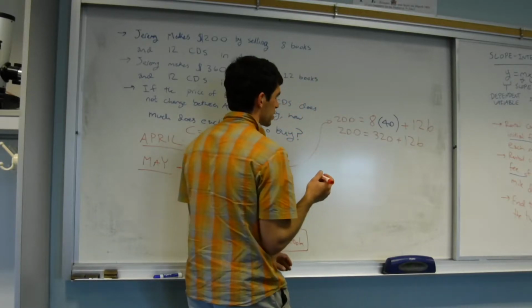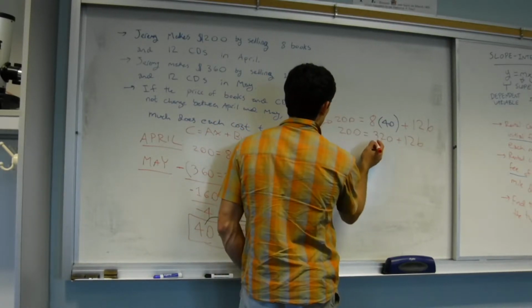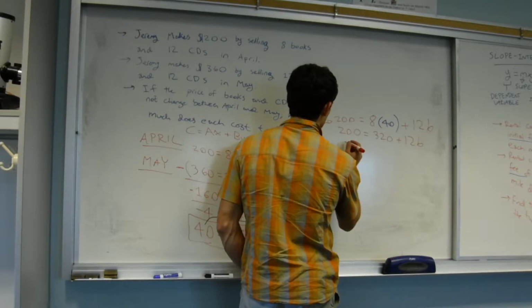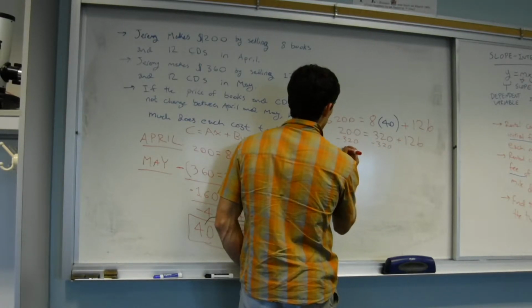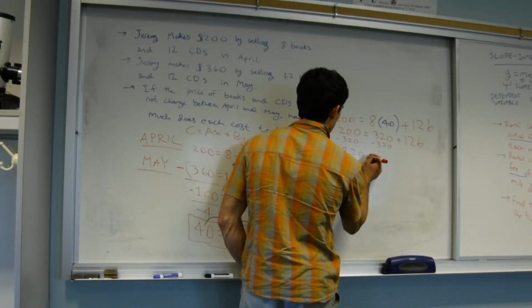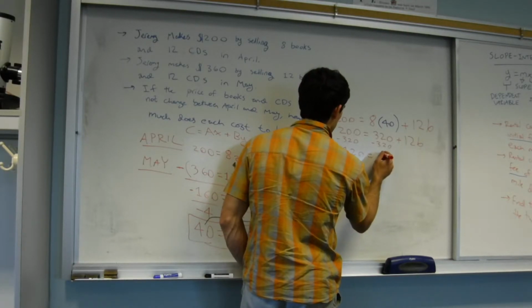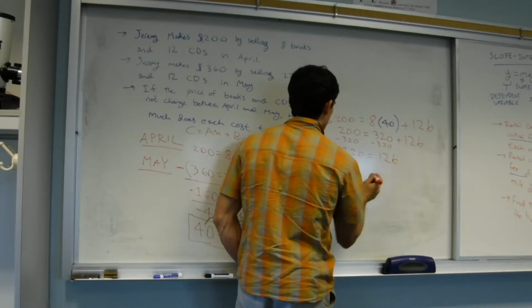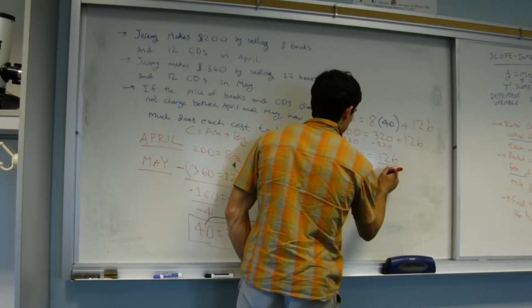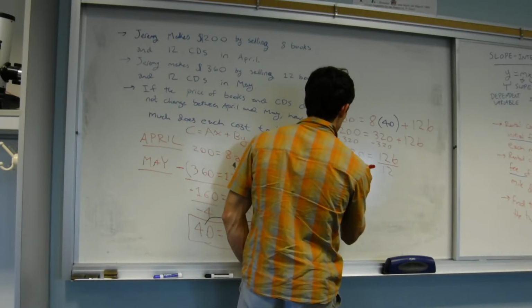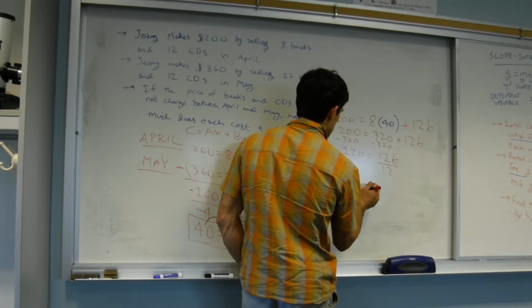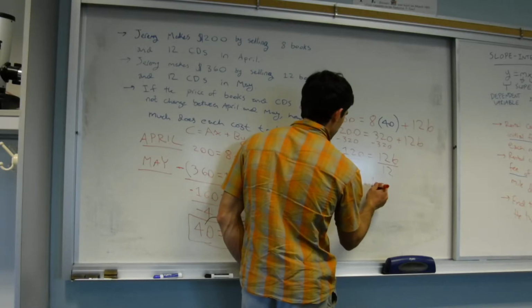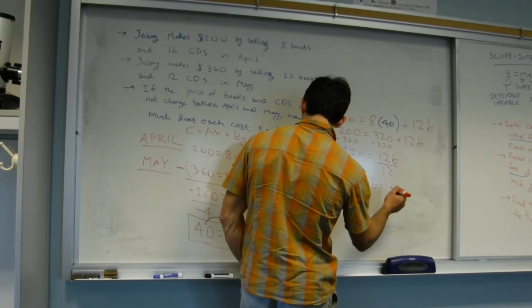And then to solve this equation, we would subtract 320 from each side. We get negative 120 is equal to 12B. If we divide each side by 12, we'd get negative $10, which is equal to the cost of one CD.